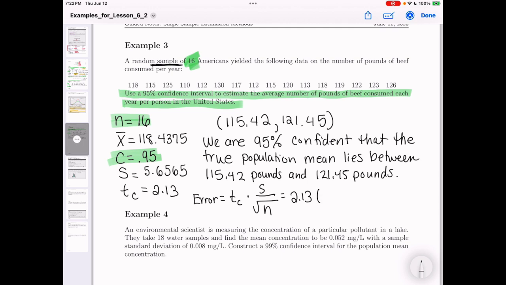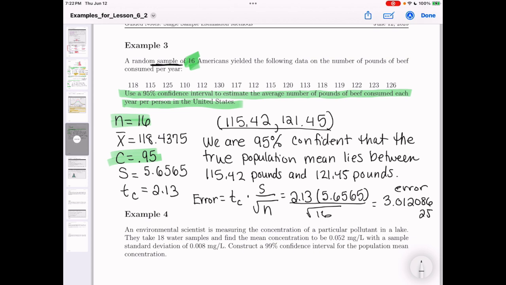Our sample standard deviation is 5.6565, and we're going to divide by the square root of our sample size, which is 16. When we do that, we get 3.01208625. Ran out of space. So here's our error. This is what we need to add and subtract to our point estimate, our x bar, to get our confidence interval.